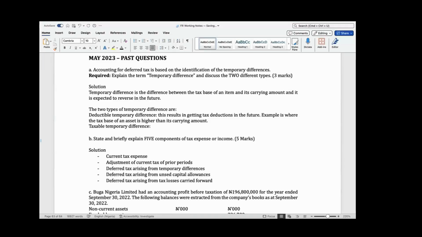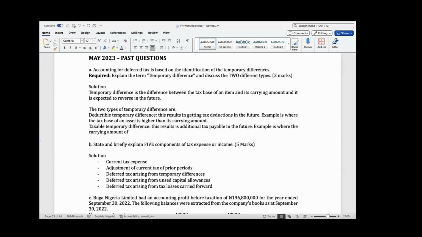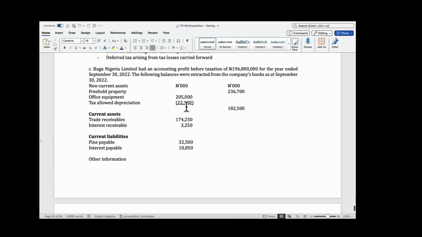While taxable temporary difference results in additional tax payable in the future. An example is where the carrying amount of an asset is higher than its tax base. Now, the final question, which is C.